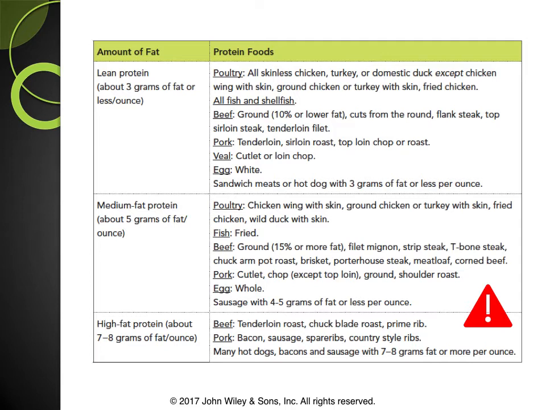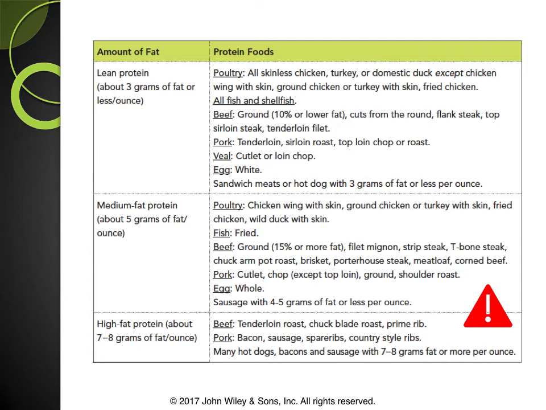You just want to go for these specific cuts, like round, flank steak, top sirloin, or tenderloin. And now, of course, we have to think about budget, right? So all of these things factor, and we talked about that, I think, in the very first lecture, of all the factors that go into what foods we purchase and eat.